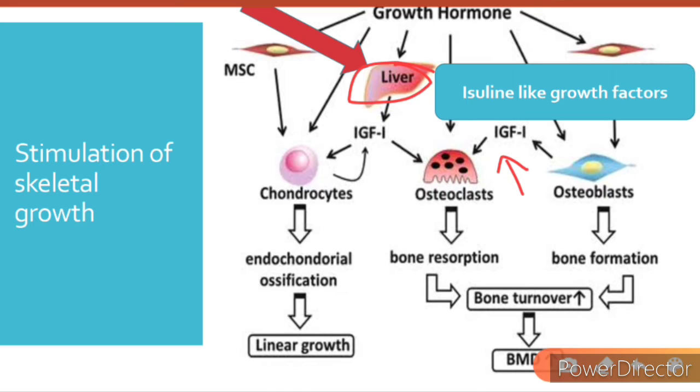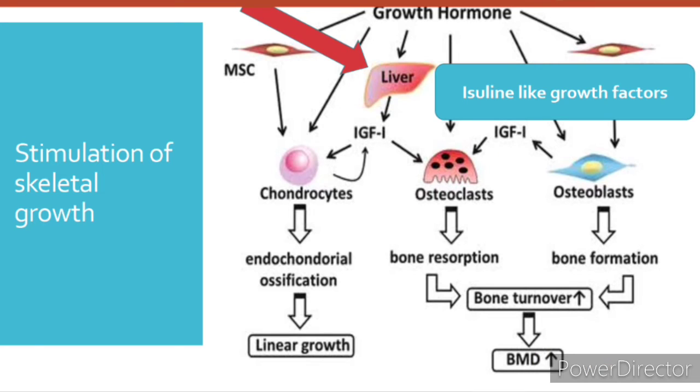Growth hormone through IGF-1 stimulates proliferation of chondrocytes and osteocytes, resulting in increased deposition of chondroitin sulfate in cartilage and increased ossification of newly formed cartilages.